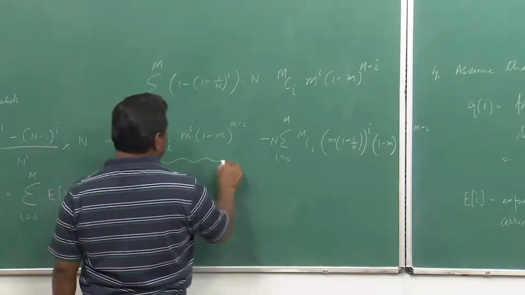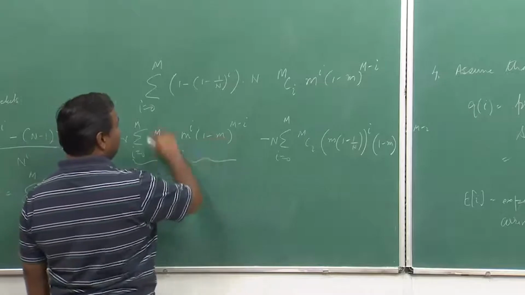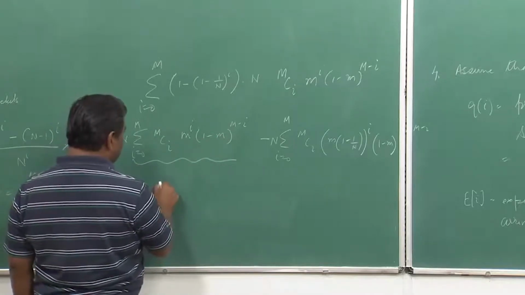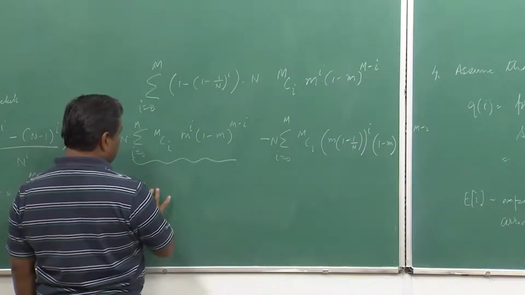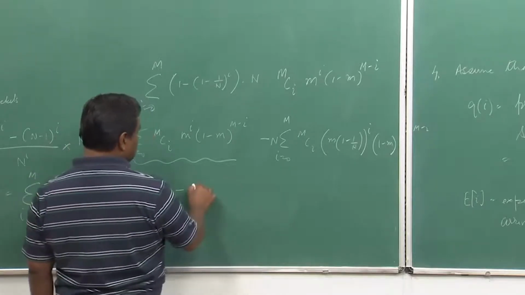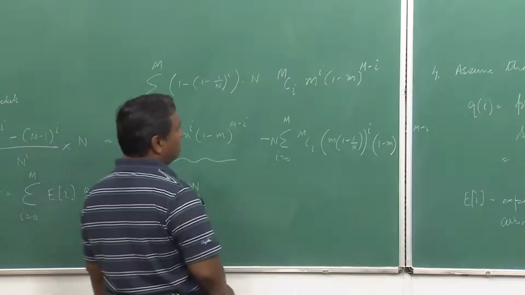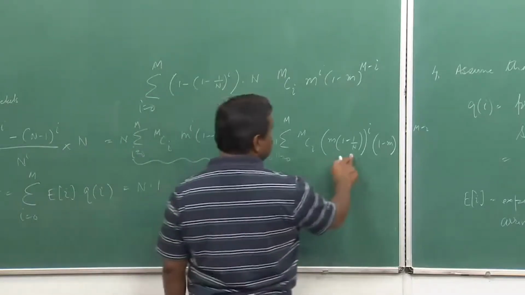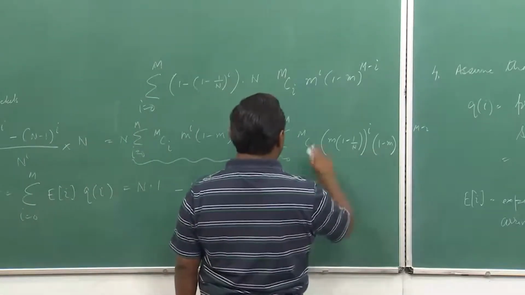So, this value is nothing but m plus 1 minus m raised power m, which will be 1. So, I can multiply it by 1 minus. So, again this will be this plus this entity raised power m.